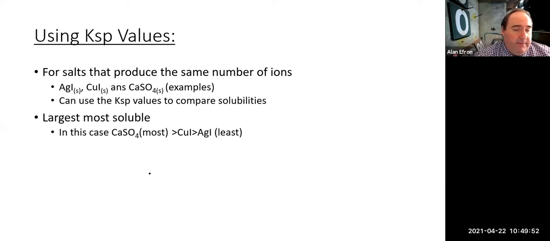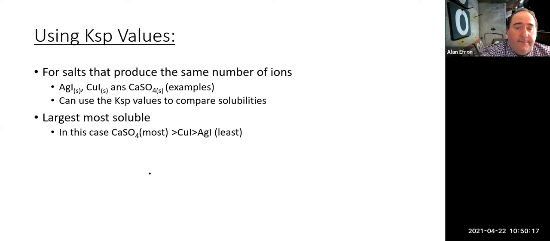Is there a salt that's going to be more soluble than another? And the answer is yes and no. What I mean by that is, if you are comparing several salts that break apart into the same number of ions, you can use the Ksp values directly from the table to compare which one would be most soluble and which one would be least soluble.